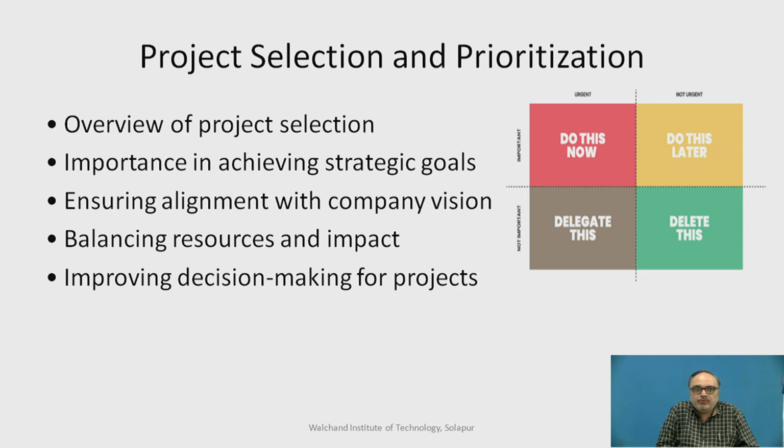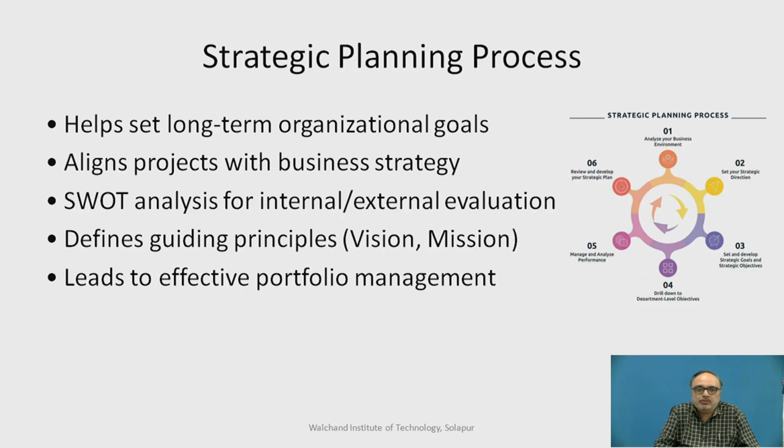So, this overview is considered as the top to bottom approach for making the project selection and the success of the project. Then the goals are considered initially, then the alignment and balancing, and making the decision that has to have a certain priority to carry out the working of the project.